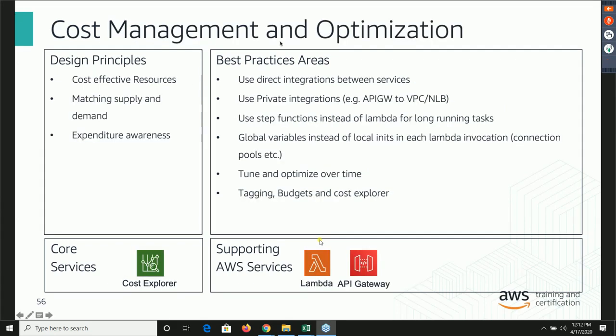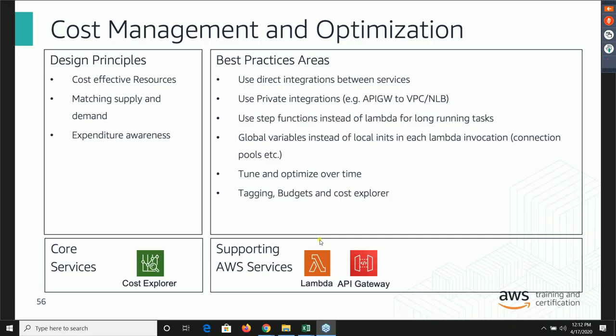Last but not the least, my favorite topic, cost management, right? So, a few things here. Even though Lambda can be an integration point between multiple services, in AWS there are often services that talk to each other directly. So instead of trying to build glue code, if there are direct integrations, use them directly.